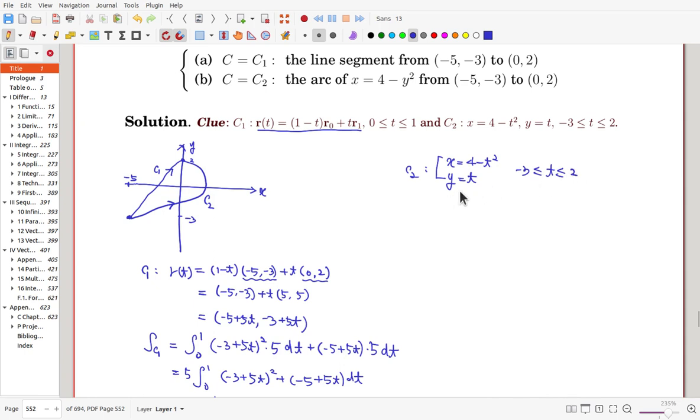Okay, this is the parameterization, and along C2, the line integral can be written as the t integration. t is moving from minus 3 to 2, and y squared dx, that is y squared is t squared, and x prime is minus 2t and dt.